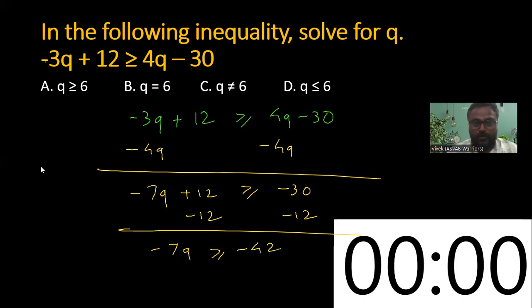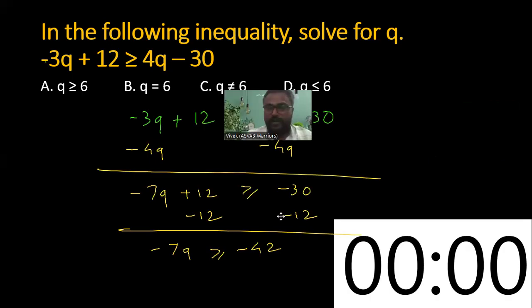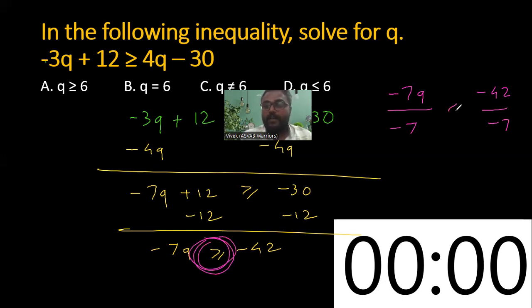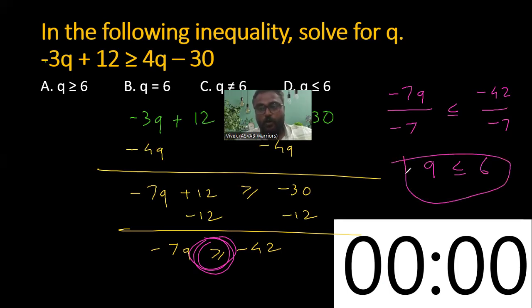Now, whenever we are going to divide negative 7q and negative 42, we are going to divide it with a negative number, so this inequality will flip itself. Negative 7 divided by negative 7 is 1. Negative 42 divided by negative 7 will be 6. So option D is correct.